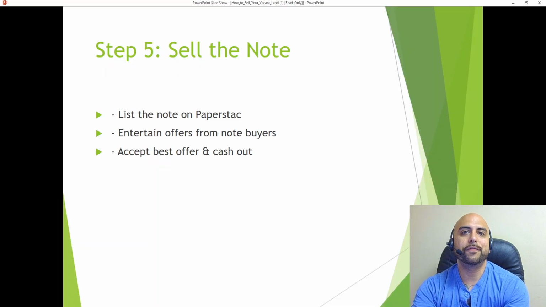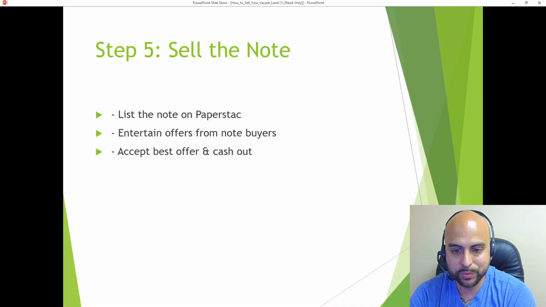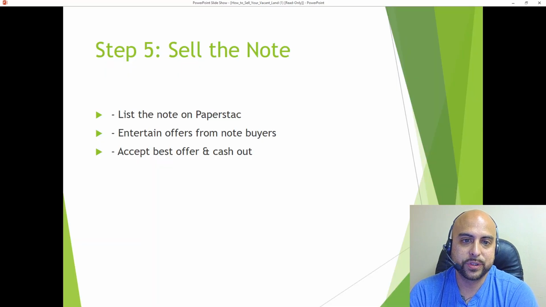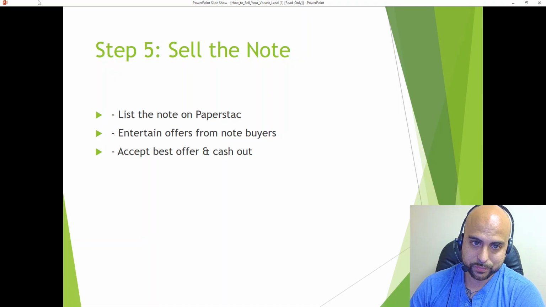Finally, step 5 is to sell the note on PaperStack. Now, if you don't know what PaperStack is, I'm going to show you in a second, but think of PaperStack as a Facebook Marketplace for mortgage notes.